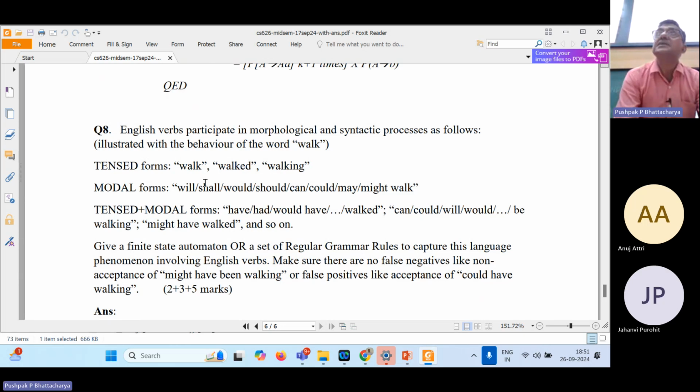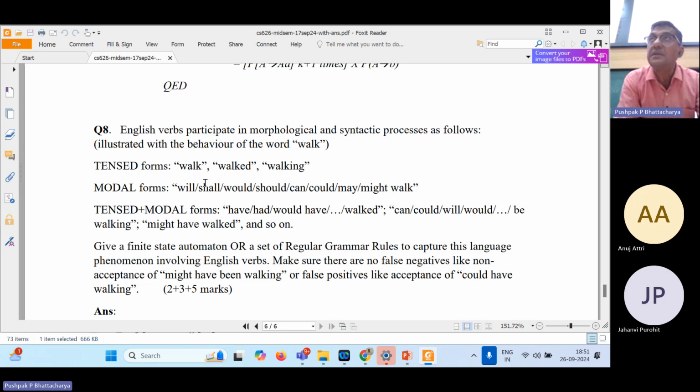It is not a complete set. Walks also is there. Then modal forms: will, shall, would, should, can, could, may, might walk. Then tensed plus modal forms: have, had, would have walked. Would have walked, had walked, have walked, etc. Can, could, will, would be walking.